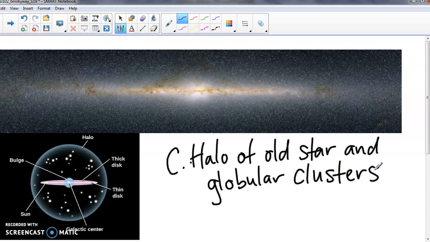So we have this halo, and you can see in the picture here, here's our disk, the bulge. Around the disk we have a halo, and this is a halo of old stars and globular clusters. So hopefully you're thinking, well, I thought we also had a dark matter halo, and that's exactly right.